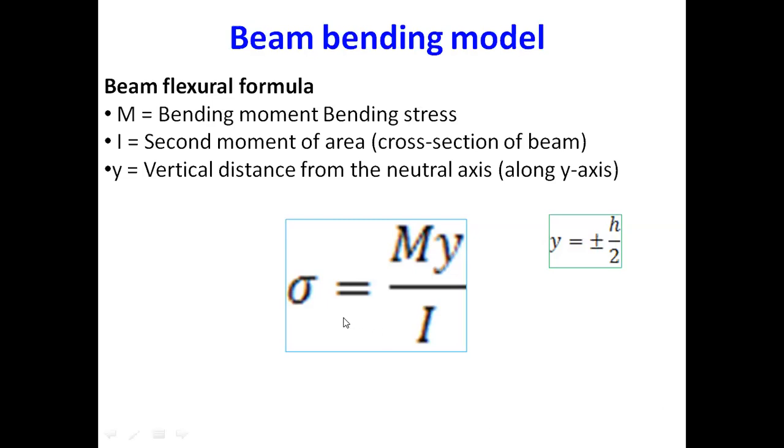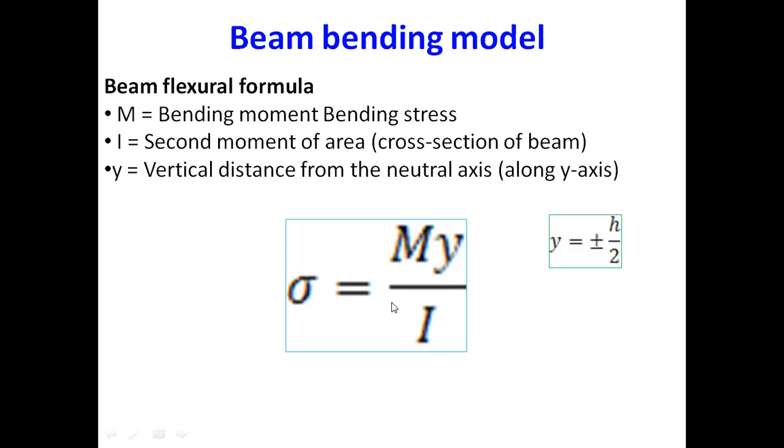So this equation or model is sigma, which is the normal stress, equal to My by I, where M is the bending moment, I is the second moment of area of the cross section of the beam, and y is the vertical distance from the neutral axis along the y axis.